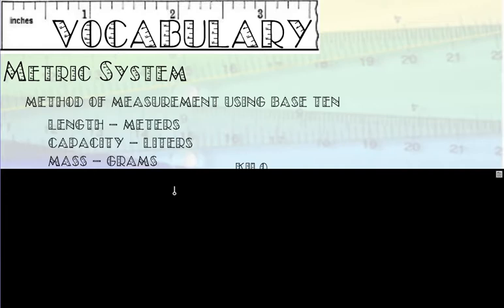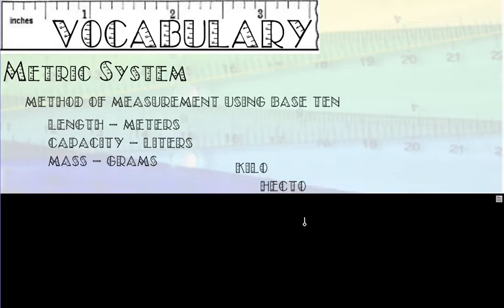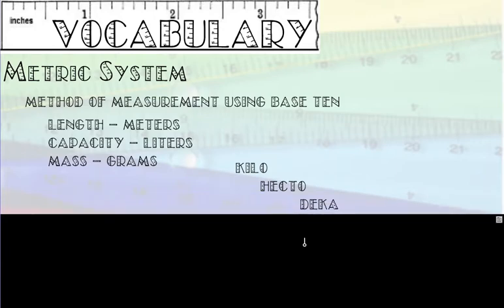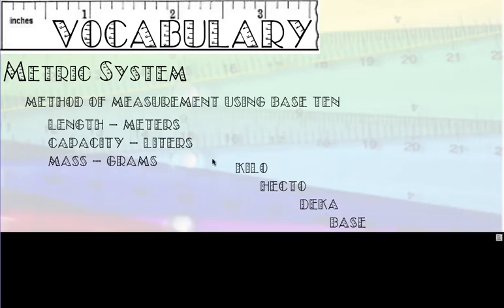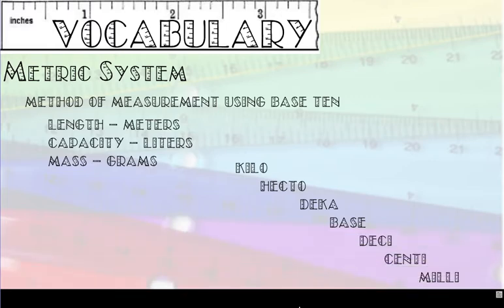So I'm showing you just the base unit, and I will give you all of the prefixes over here. So you can have kilo, meters, liters, and grams. Hecto, meters, liters, and grams. Deca, meters, liters, and grams. And then you have your base units, which are these, and then deci for the prefix, centi, milli.